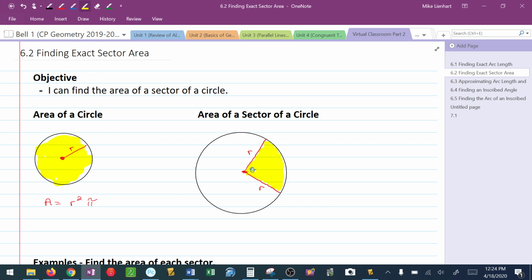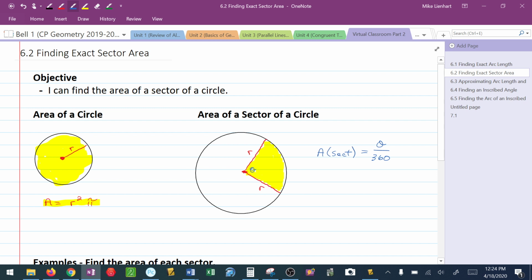The area of a sector is a fractional part of the area of a circle. So if the area of a circle is r squared pi, then the area of a sector has to be a fractional part of r squared pi. So the formula that we have here for area of a sector will be theta over 360.